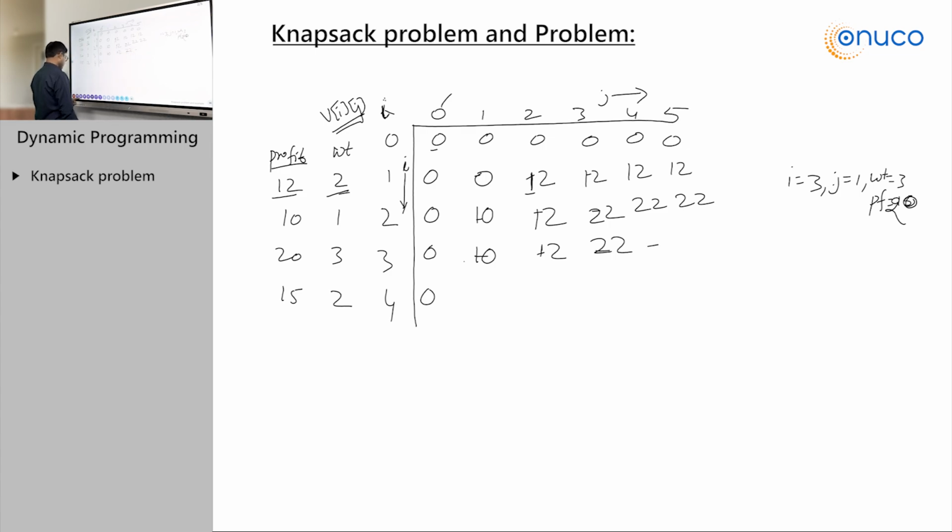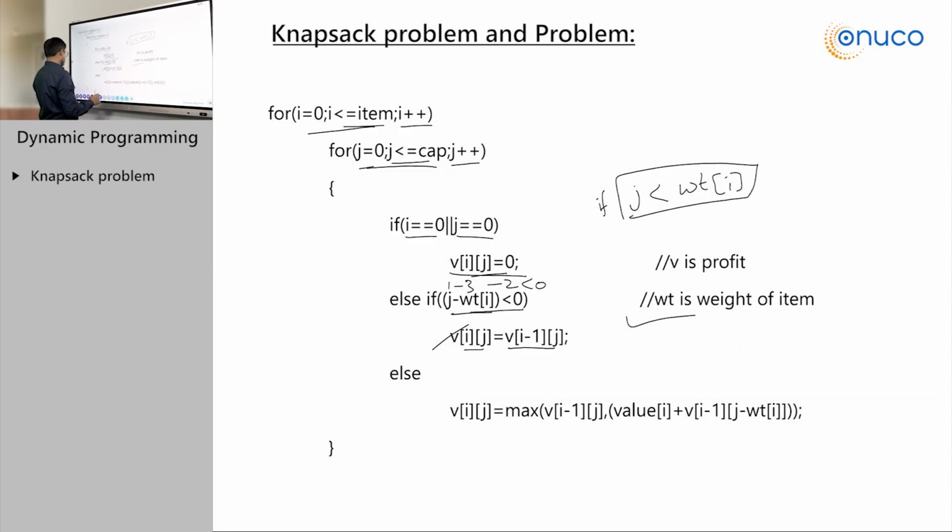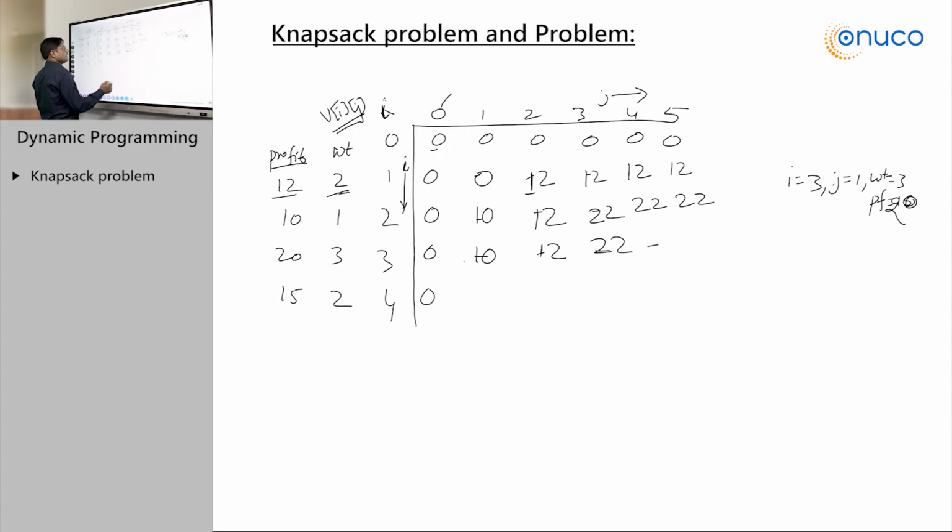Come to this position. Before that, I will clear the screen in such a way that you will not have any confusion. Okay. Next position: J is 4, I is 3. In that case, J is greater, hence it will go in the else case.